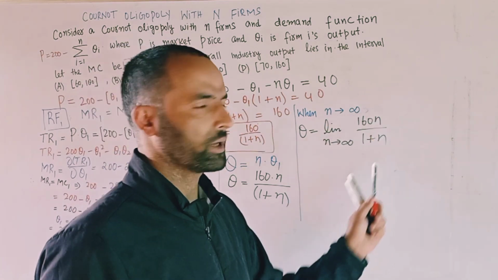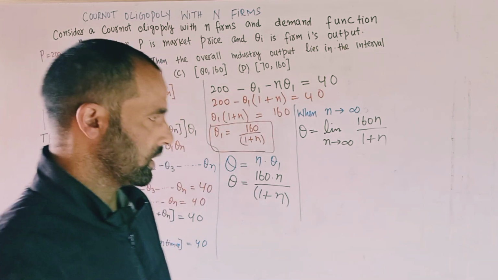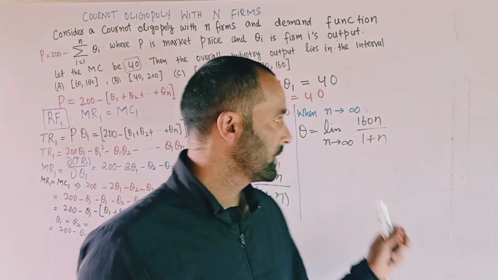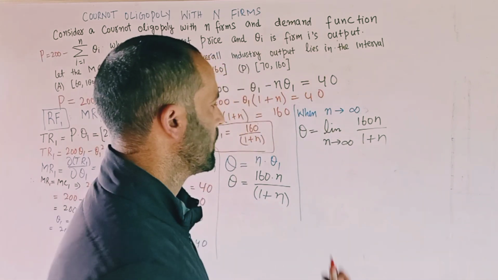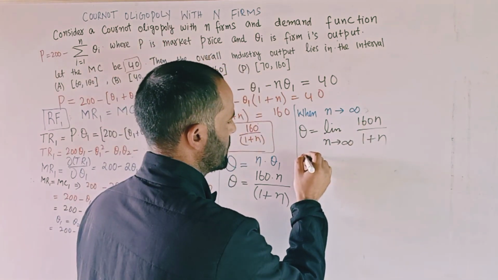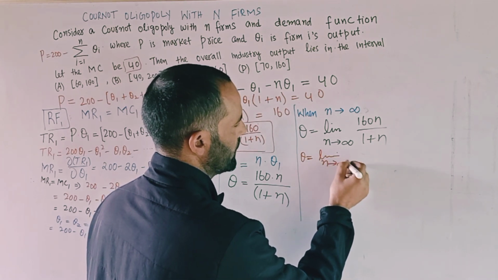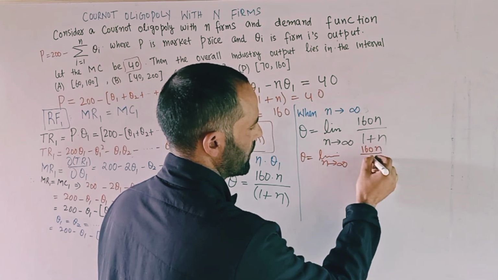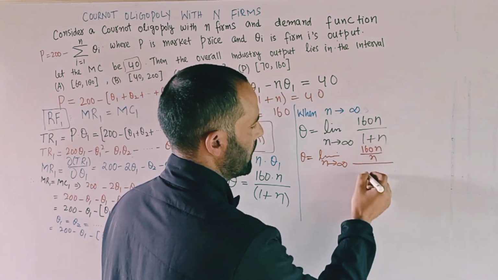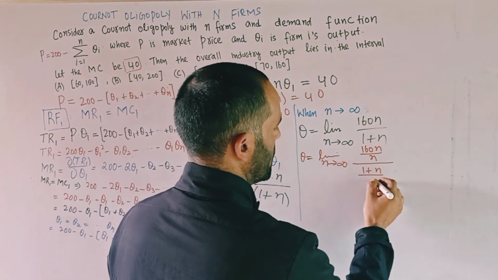It will become infinity upon infinity, which is undefined. So to solve the limit as n tends to infinity, we will divide numerator and denominator by n.